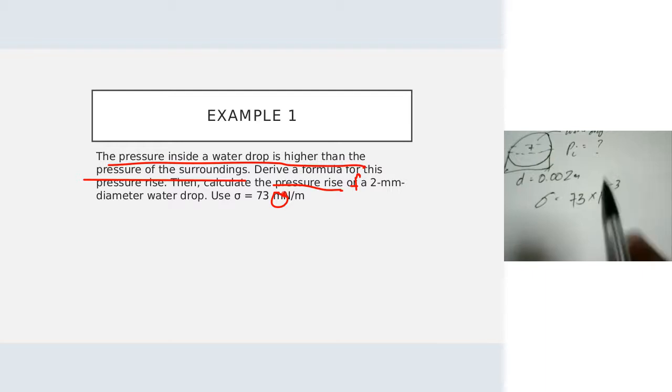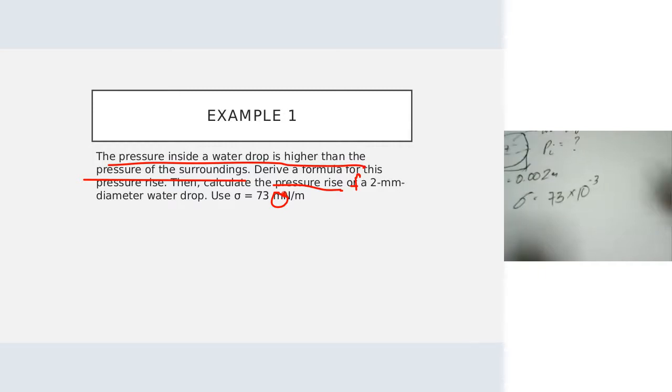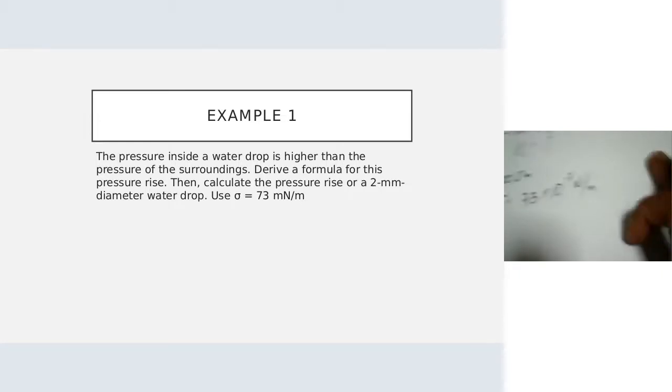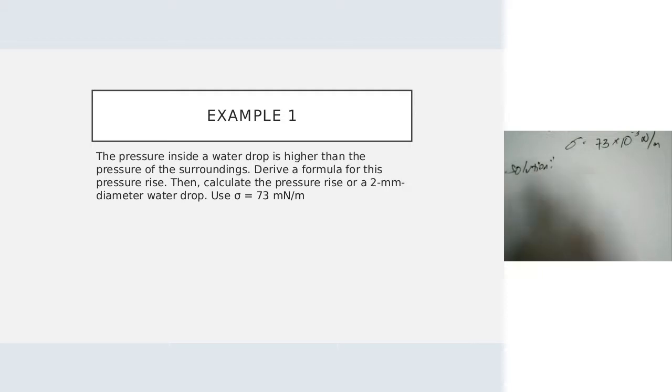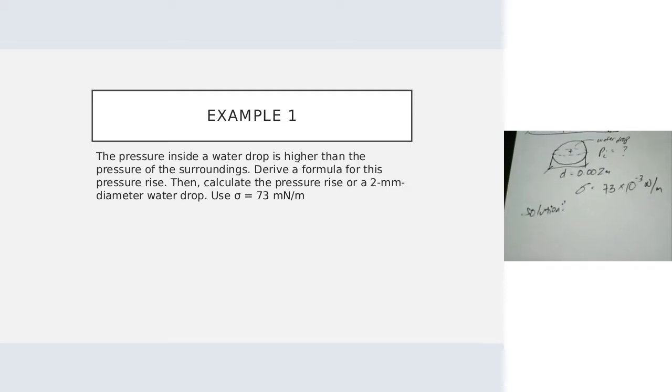So for micro, it's 10 raised to negative. This is Newton over meter. Okay, so basically we are set to solve this problem. So first we have to derive the formula.